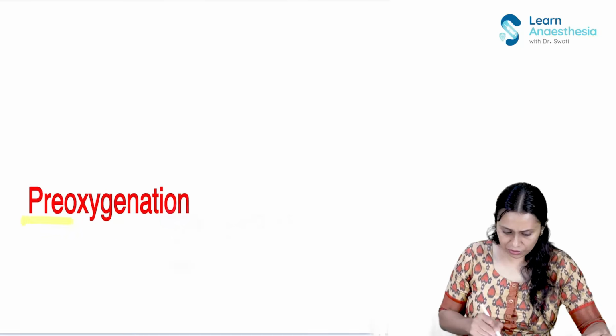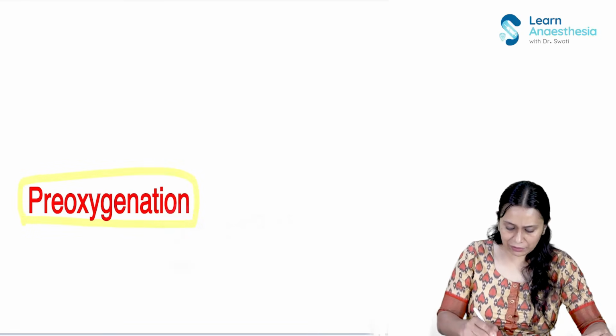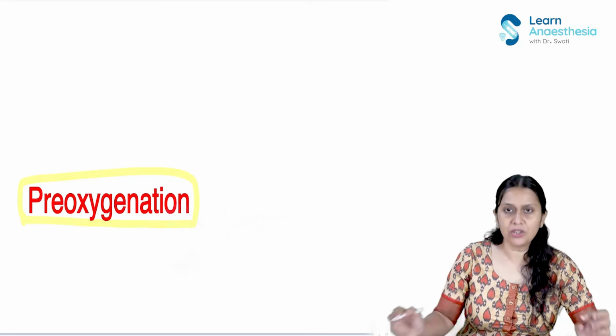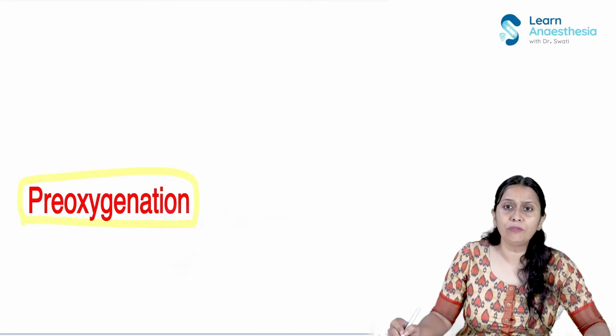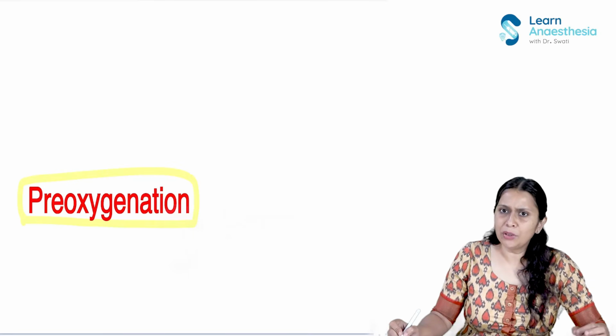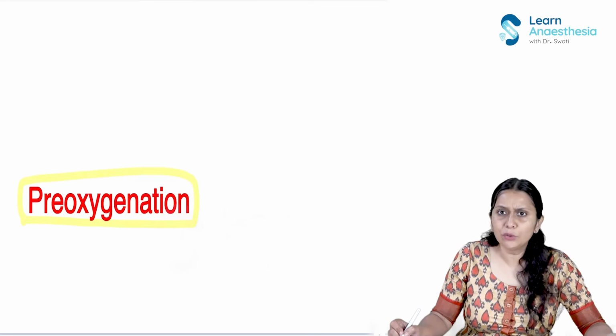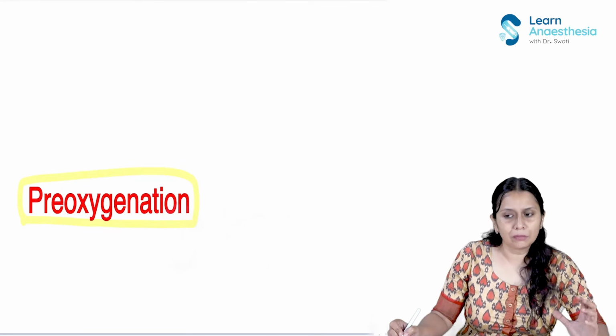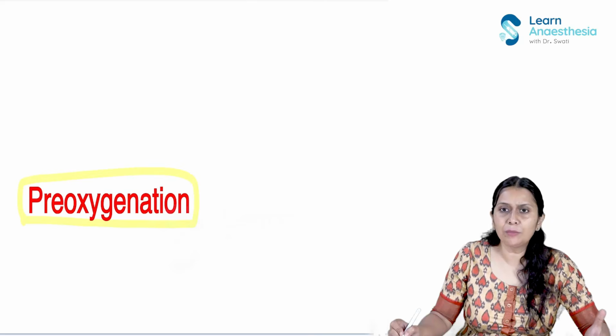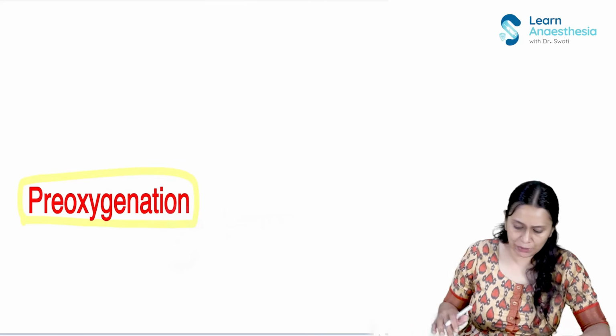Okay, then pre-oxygenation. Now, as I said earlier also, pre-oxygenation is core for the success of first pass airway securement. Now, pre-oxygenation can be done by various ways. What is the core principle? Why do we do pre-oxygenation? The basic principle for pre-oxygenation is to increase the apnea time.